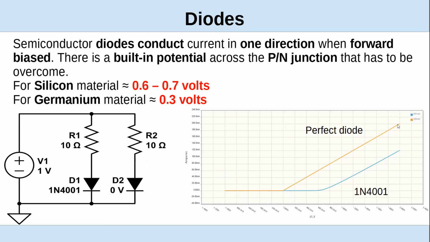And that slope of that line is just due to the 10 ohm resistor. If you look at the real diode down here, it's about 0.6 volts where that curve starts. And then the slope of the line is slightly less because you have some internal resistance in the diode in addition to the 10 ohms, which is why they're not perfectly parallel. Any questions so far?